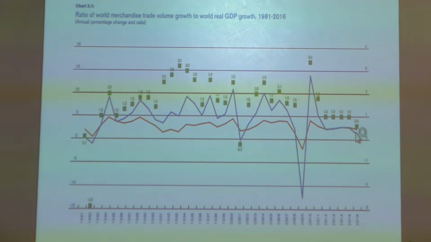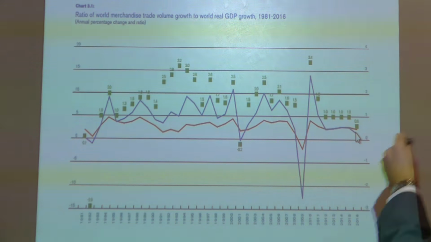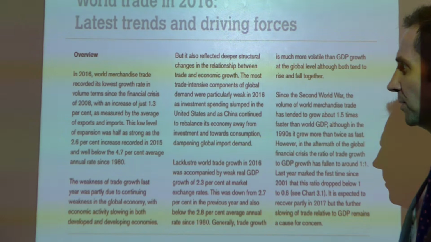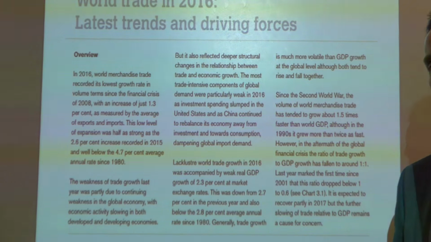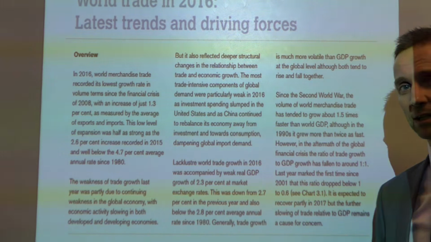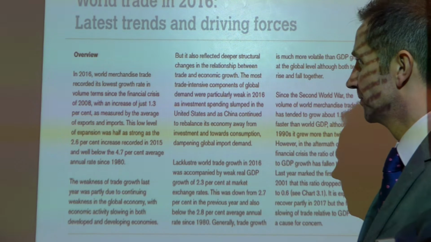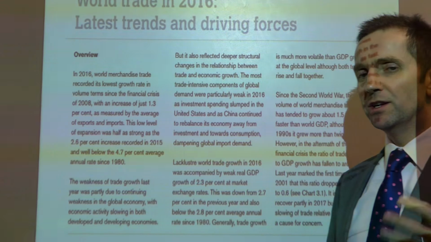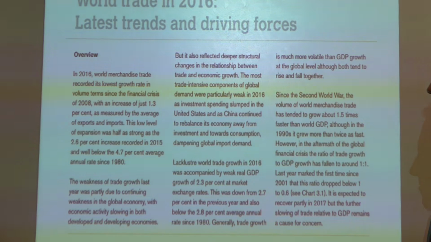referencing and talking about. Now, the interesting thing on this document is that it goes on to explain just some of the reasons why that actually is. So I'll read a few sections of this for you, ladies and gentlemen. So it says, in 2016, world merchandise trade recorded its lowest growth rate in volume terms since the financial crisis of 2008, exactly mimicking what it says in your pre-release, with an increase of just 1.3% as measured by the average of exports and imports.